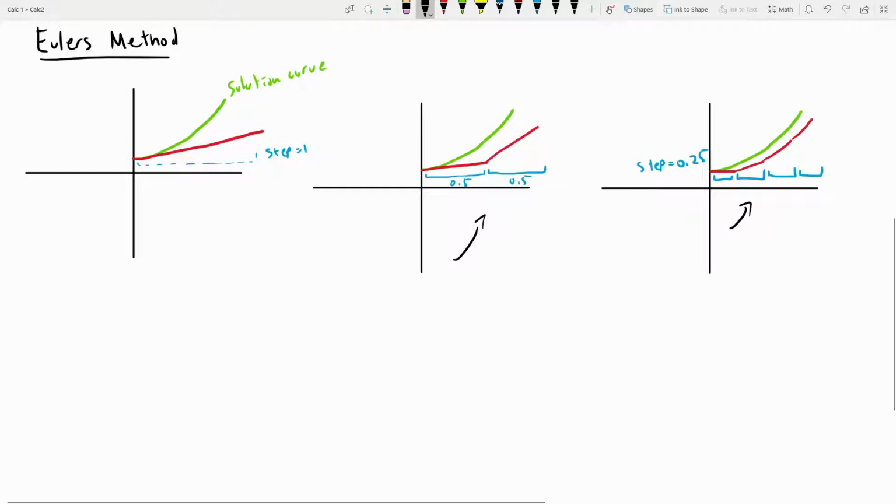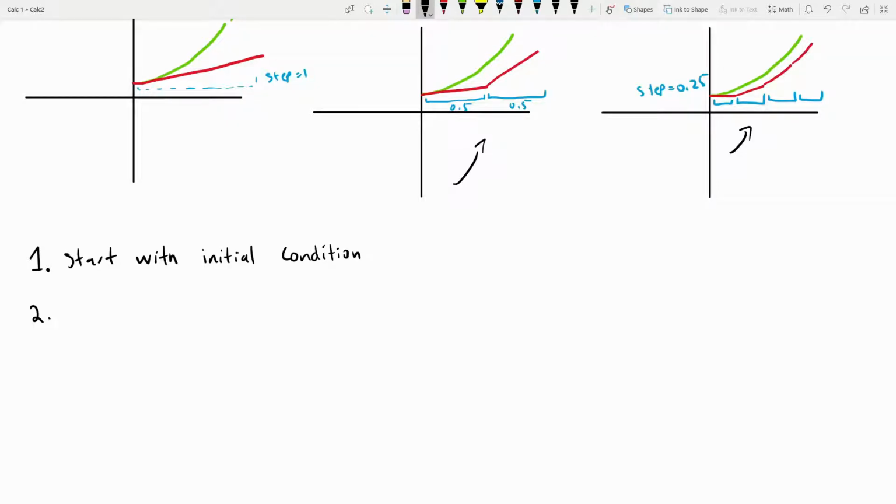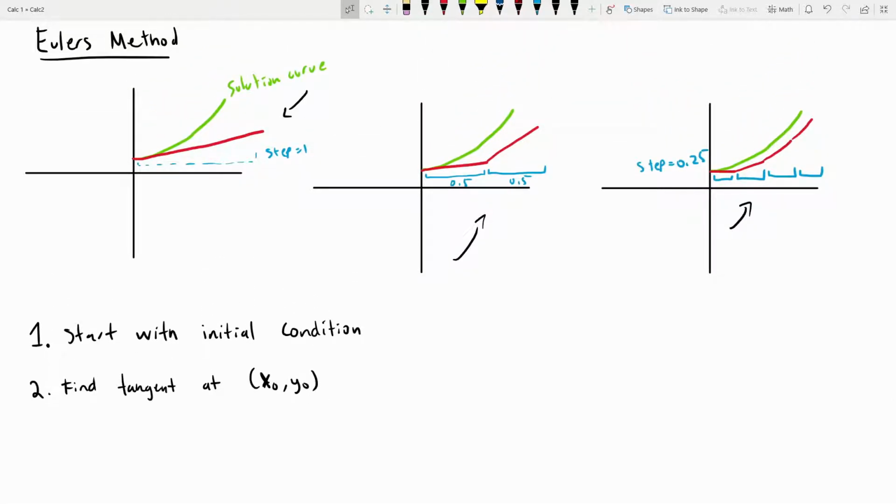Now, the way we solve these approximation problems using Euler's method is actually pretty simple. There's just four steps and then a chart. First, we start with the initial condition. After that, we find the tangent at that initial condition. Step number 2 is drawing that line, that approximation.